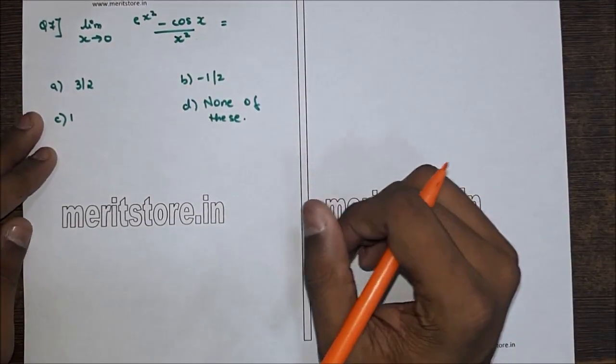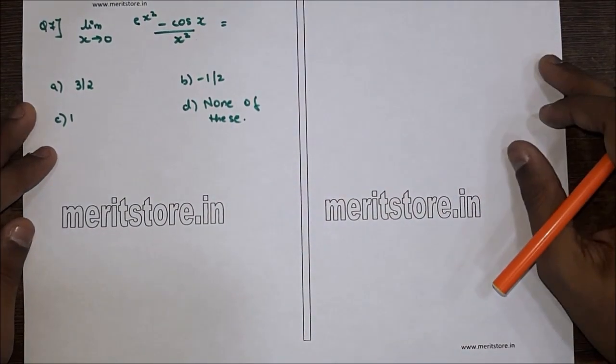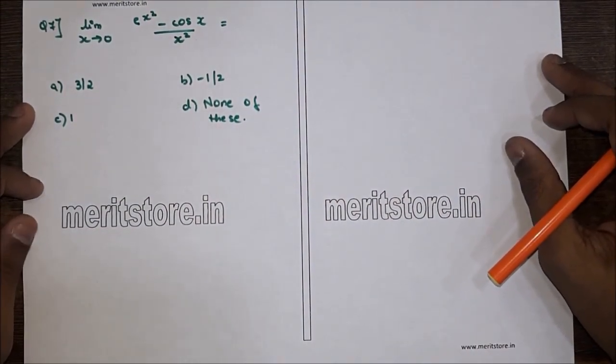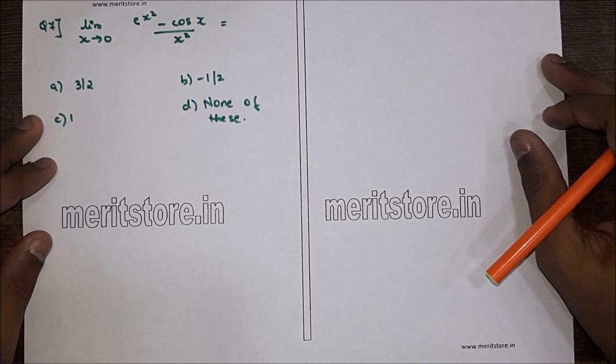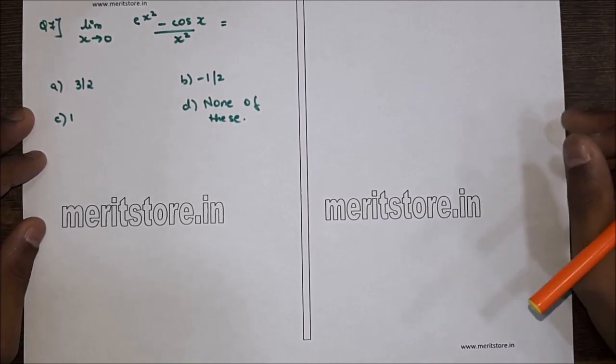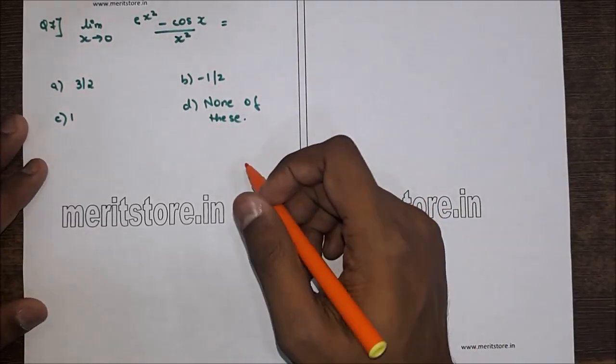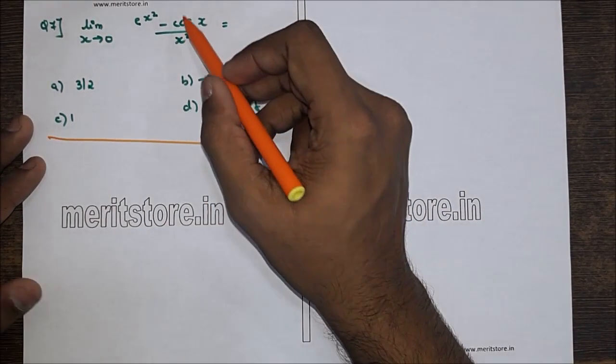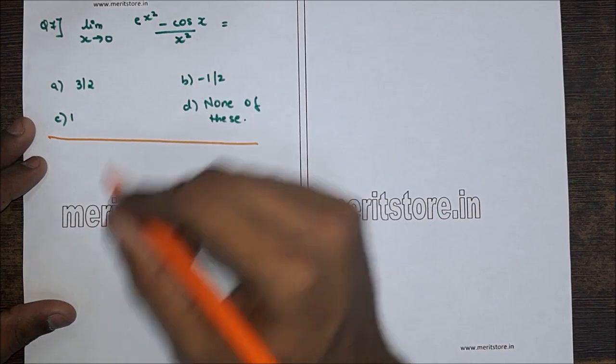Limit of x tends to 0, e raised to x square minus cos x upon x square equals A 3 by 2, B minus 1 by 2, C 1 or D none of these. Now to solve this, first we apply L'Hopital's rule on this equation.